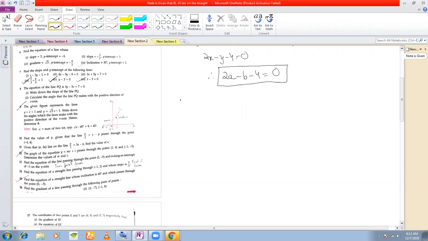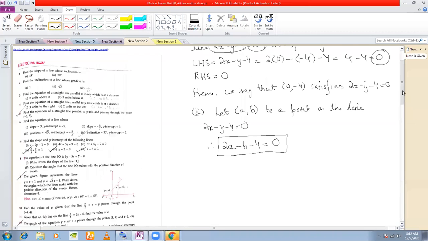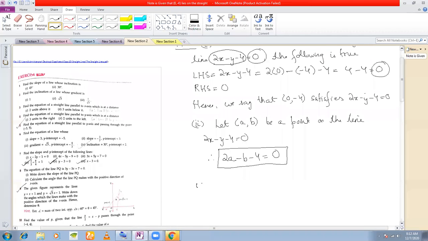See, before moving on to the points, there's another thing I would like to mention, that any straight line requires a combination of the following to determine the equation of a straight line.